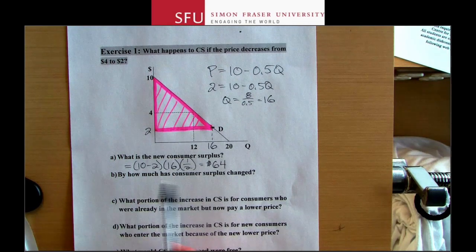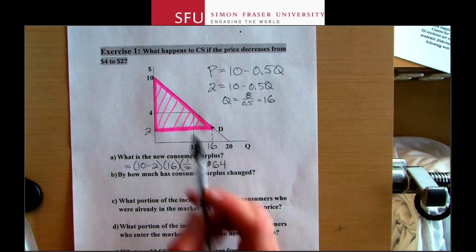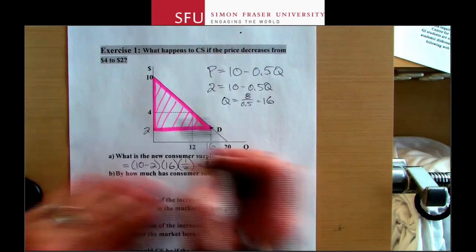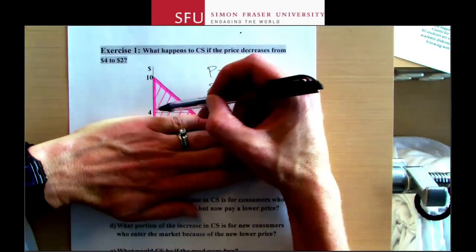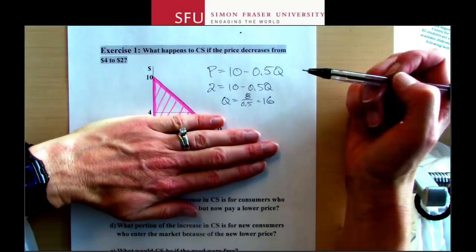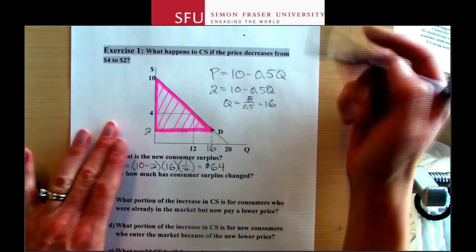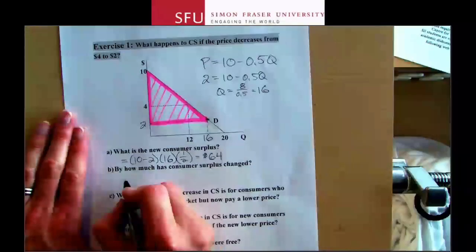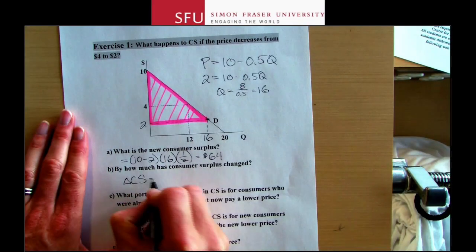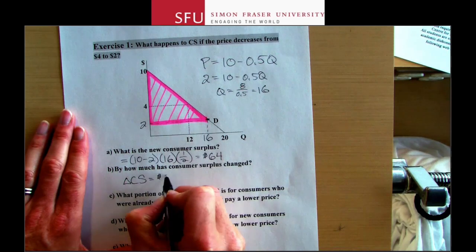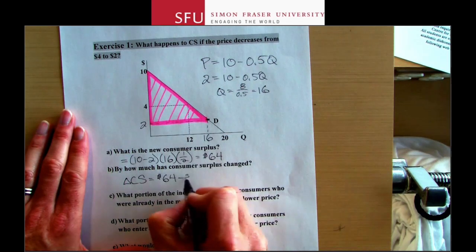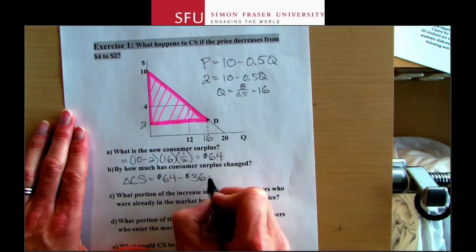By how much has consumer surplus changed? At $4, they only got this much surplus, which we had calculated as $36. So delta CS, the new one, 64 minus the old, which was 36.